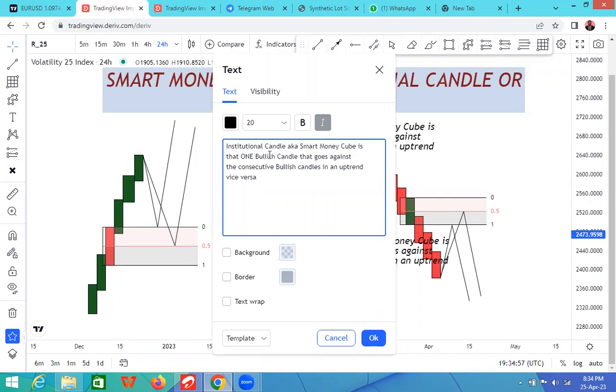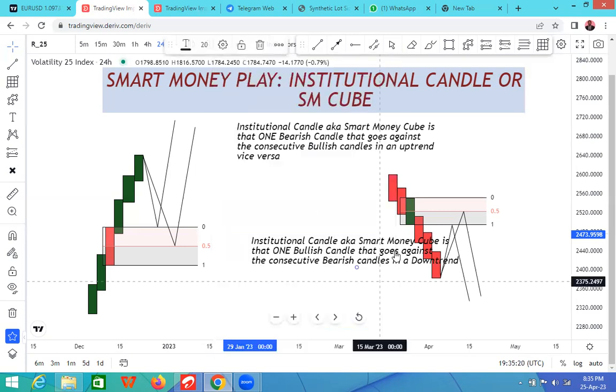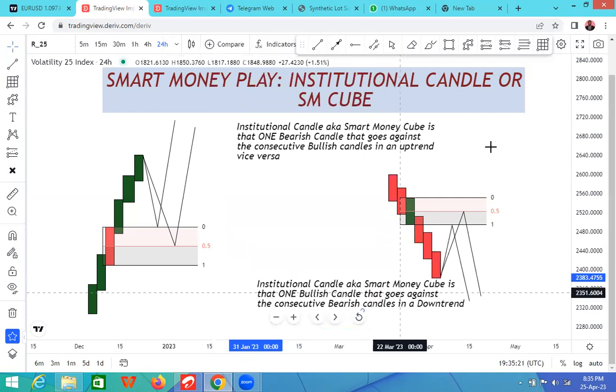Sorry, just bear with me. A bullish candle that goes against consecutive bearish candles in a downtrend. All right, so let me remove the vice versa since I've copied it. So I'll put this here.